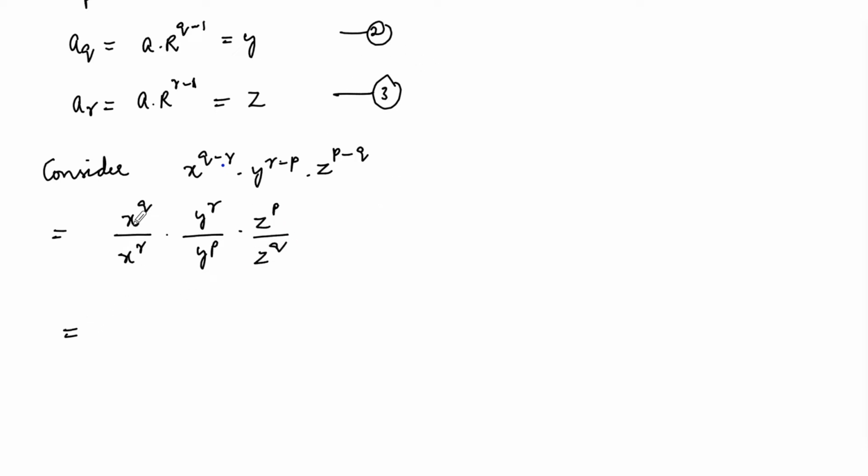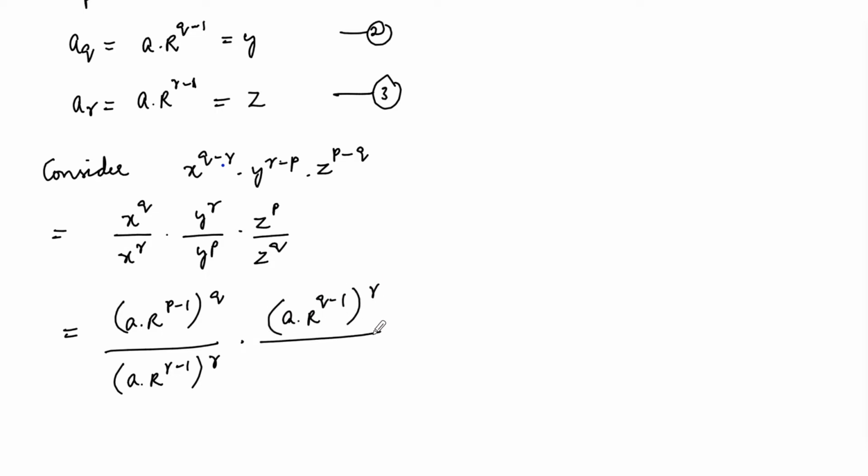So from 1, 2 and 3, x is nothing but a into R to the power p minus 1 whole to the power q upon, here x is nothing but again a into R to the power p minus 1 whole to the power r, into y is nothing but a into R to the power q minus 1 whole to the power r divided by a into R to the power q minus 1 whole to the power p, into z is nothing but a into R to the power r minus 1 whole to the power p divided by a into R to the power r minus 1 whole to the power, again we can write, q.